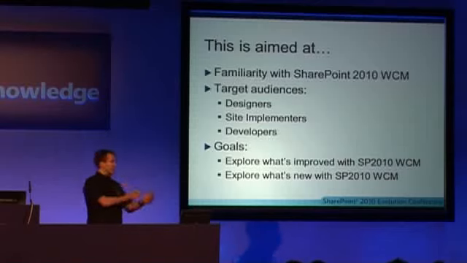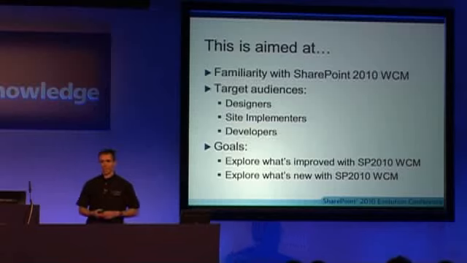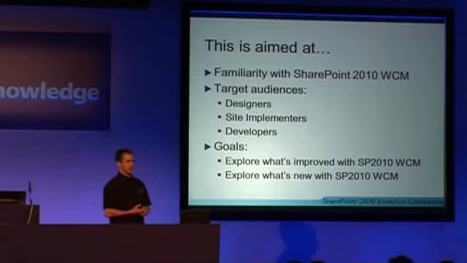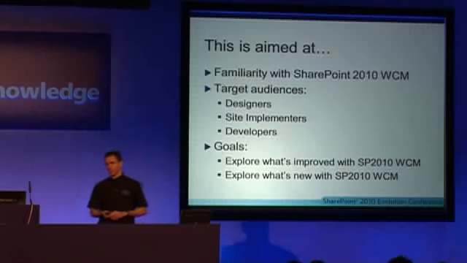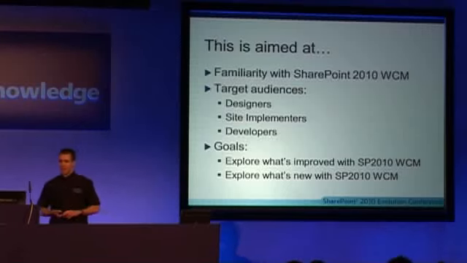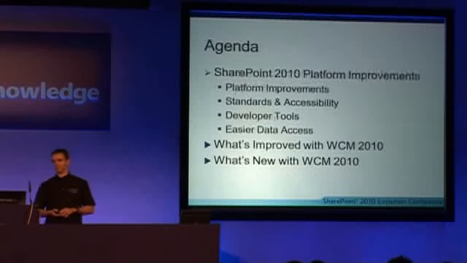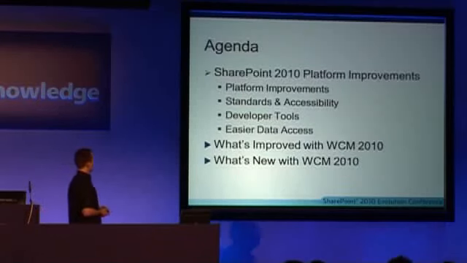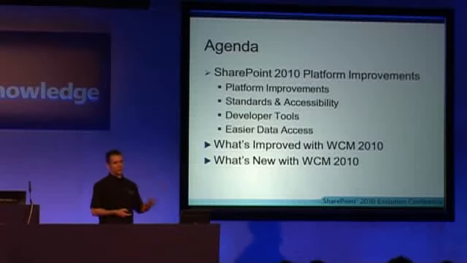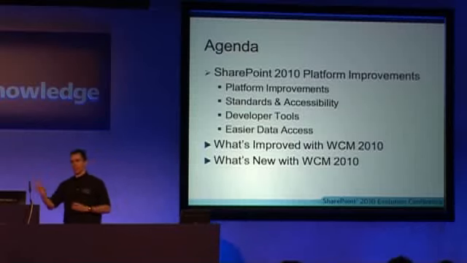Now, the presentation is split into what's improved, so what was in 2007 WCM but is better, and then also what is brand new in 2010. It's a slightly weird breakdown, as we'll see as we work through some of the areas, but if you're coming from 2007, then it should hopefully make sense. First we'll look at some of the platform improvements, things that aren't specific to WCM.